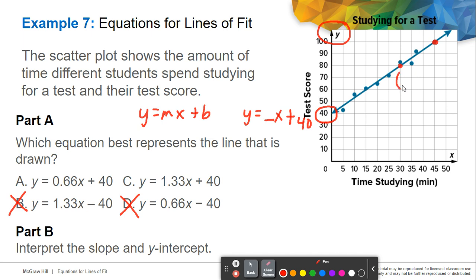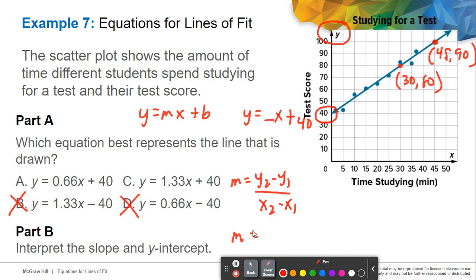So we have here (30, 80), and then for this one, (45, 90). Okay, let's use our formula. Slope is y sub 2 minus y sub 1 over x sub 2 minus x sub 1. Why do I ask you to use the formula?